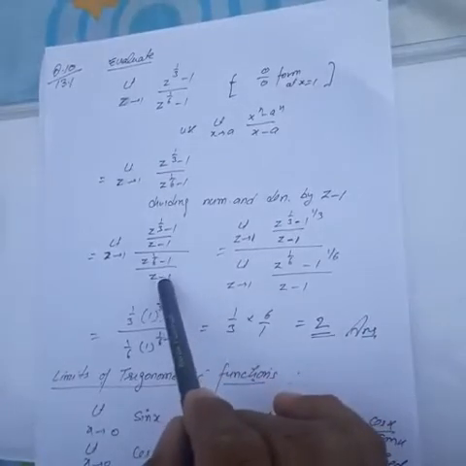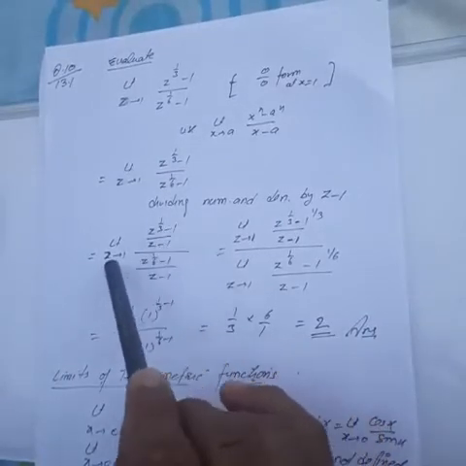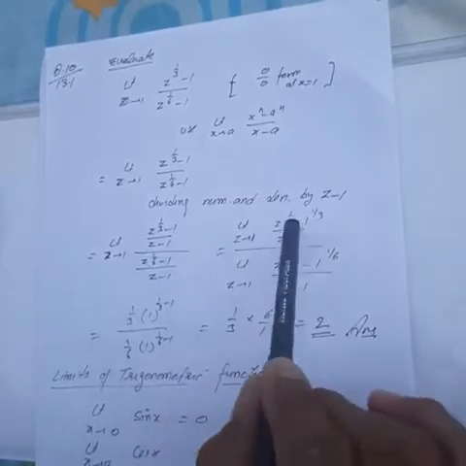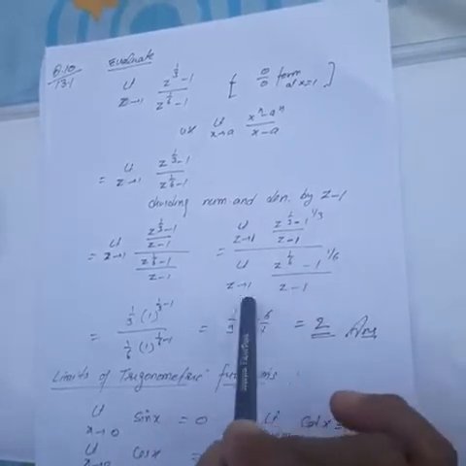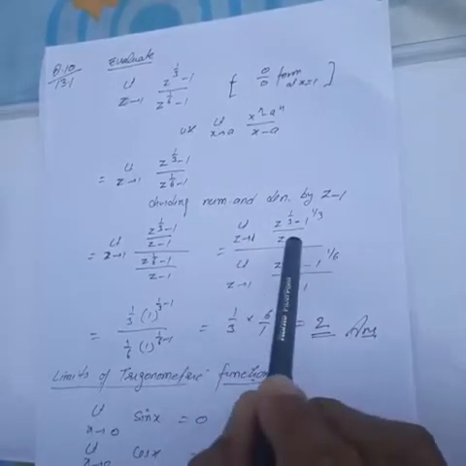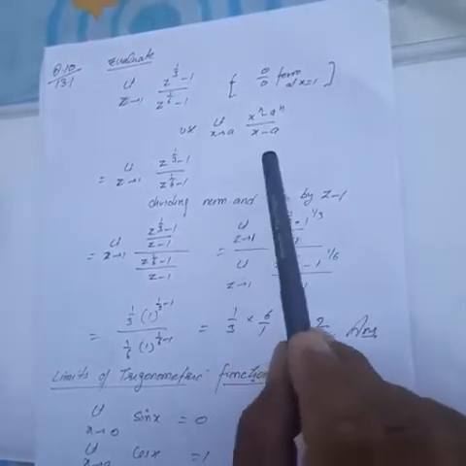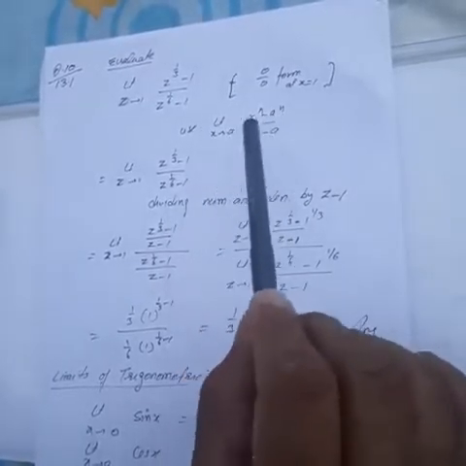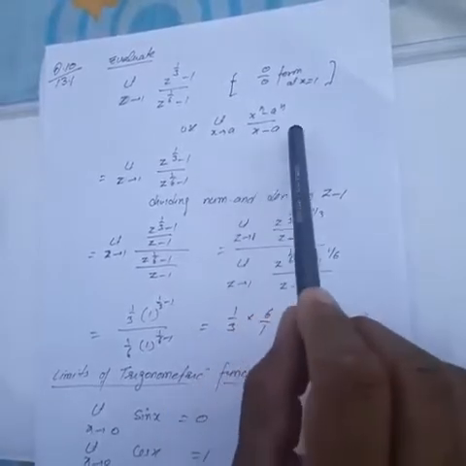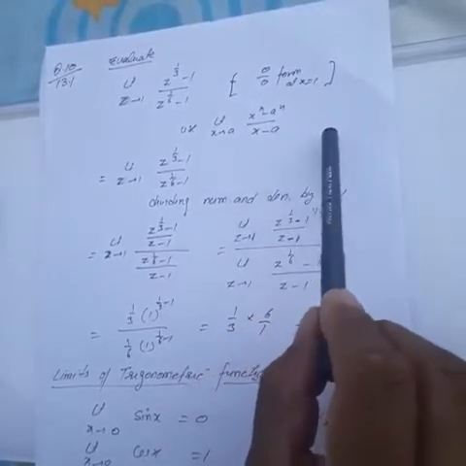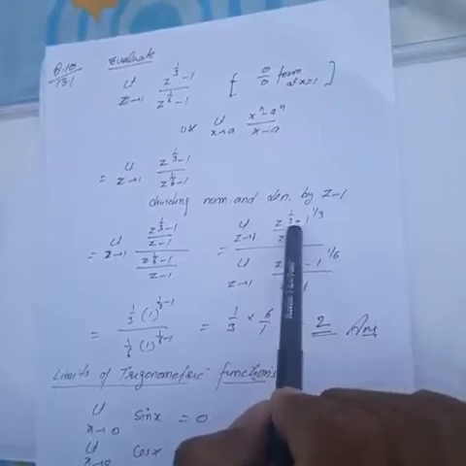Similarly denominator. Use algebra of limits to write the limits separately, limit of numerator divided by limit of denominator, and then apply limits. Now we can apply standard form to this. This is the standard form, and we know it is equal to n into a raised to the power n minus 1. So we apply the formula here.